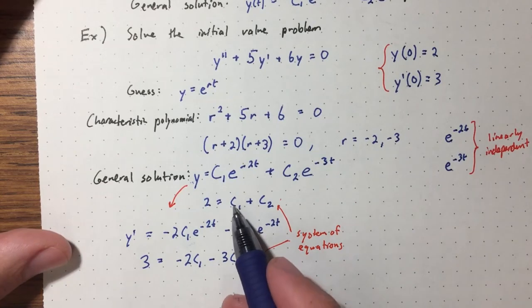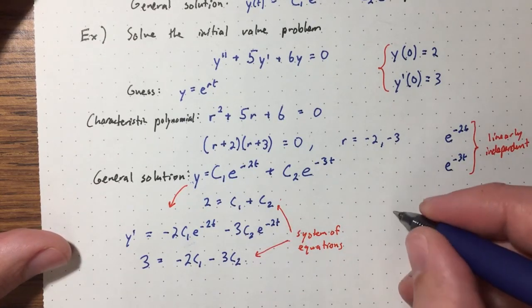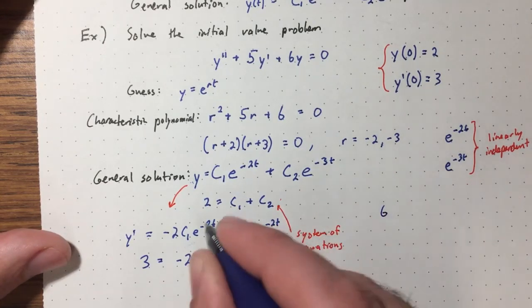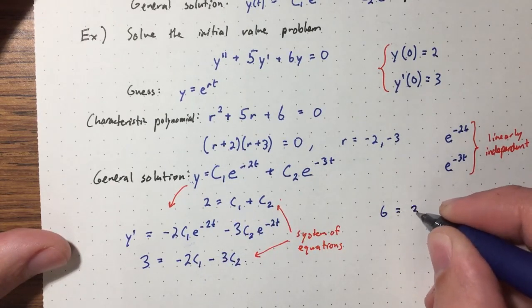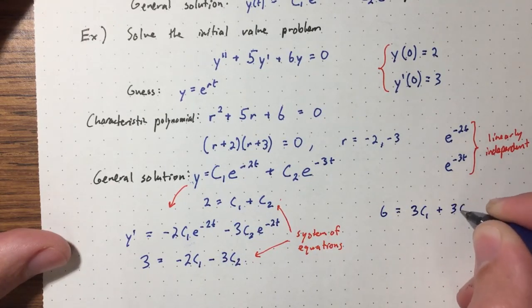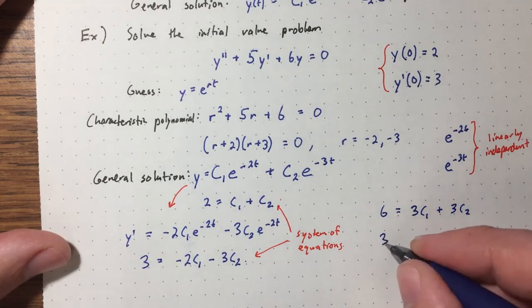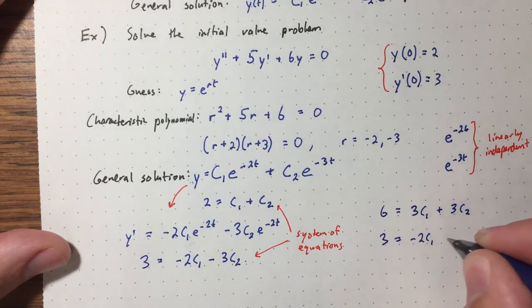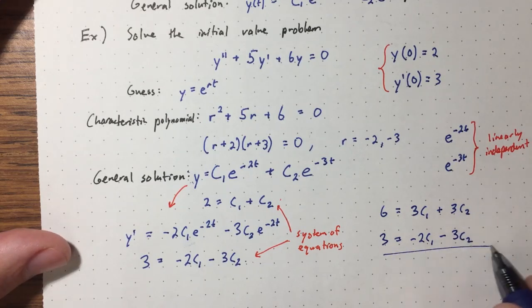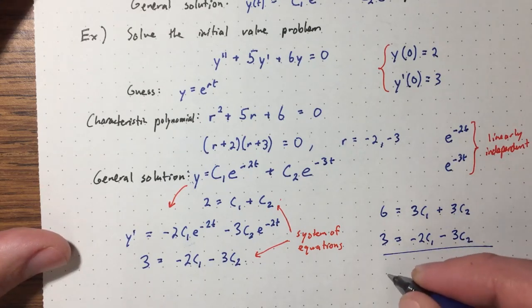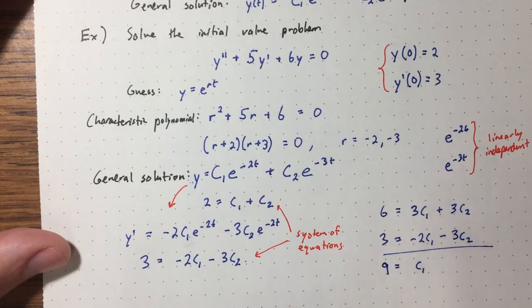If I want c1, I want to eliminate c2, so I'll multiply the first equation by 3. So we get 6 equals 3c1 plus 3c2, and then this one I'll just leave as is, minus 2c1 minus 3c2. That way I can just add them, and then these terms go away. So we get 9 equals c1.